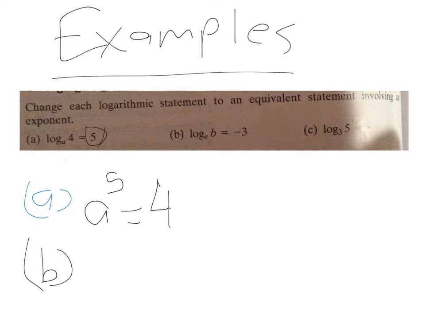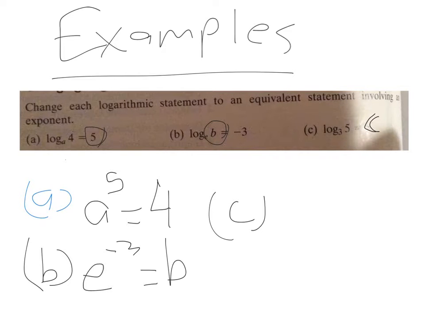So for part B, we take the base, which is e, then whatever it's equal to, which would be negative 3. That's the exponent, and then the input of the logarithm, that's what the exponential is equal to. So for part C, that's log base 3 of 5 is equal to c.